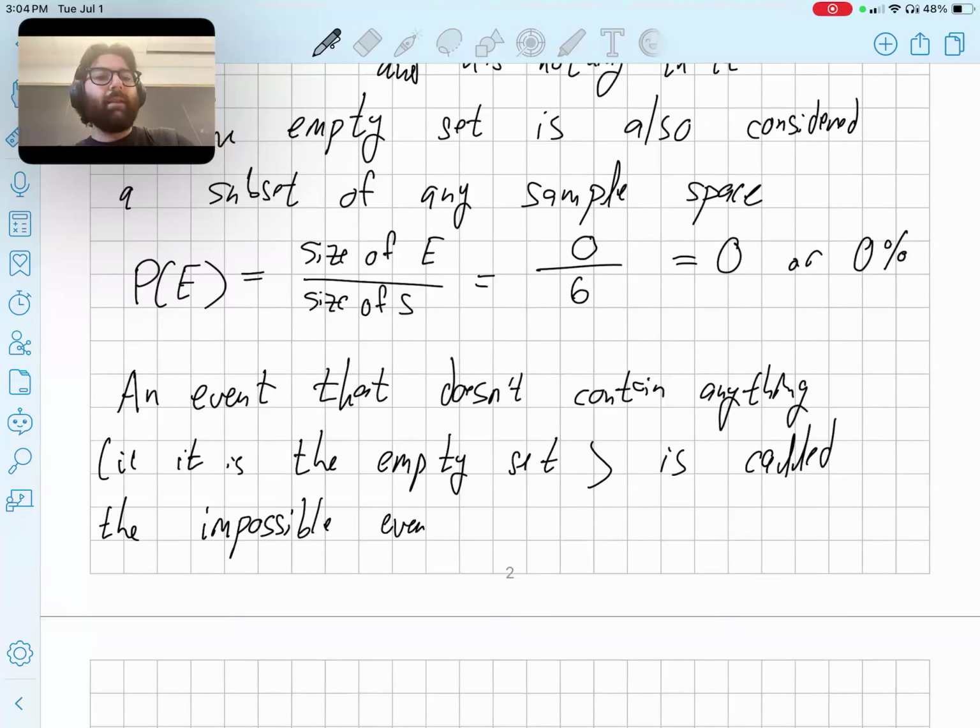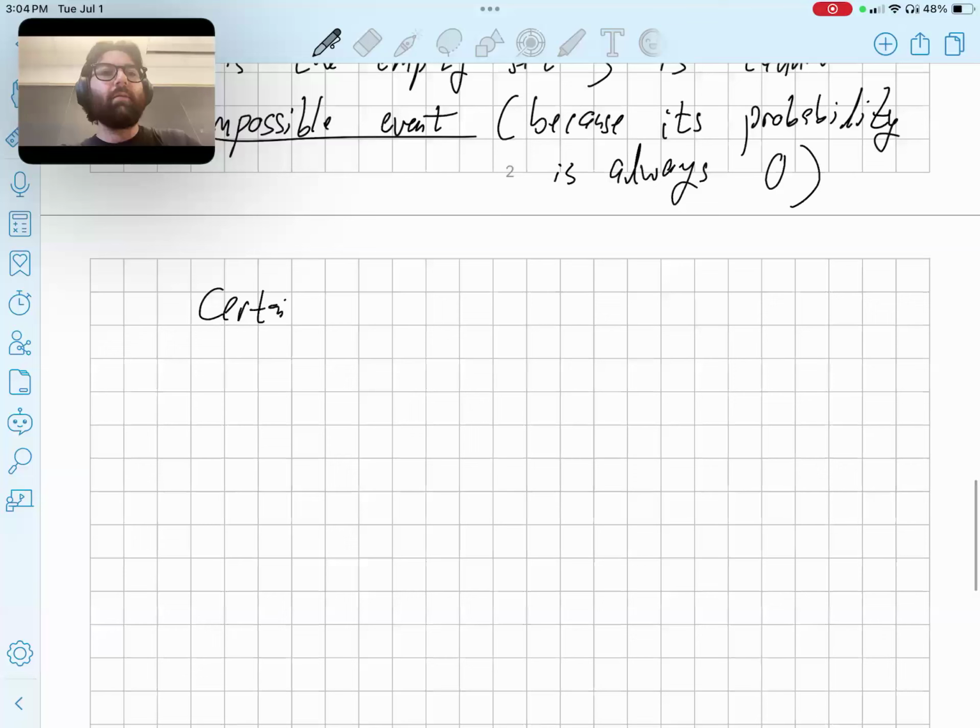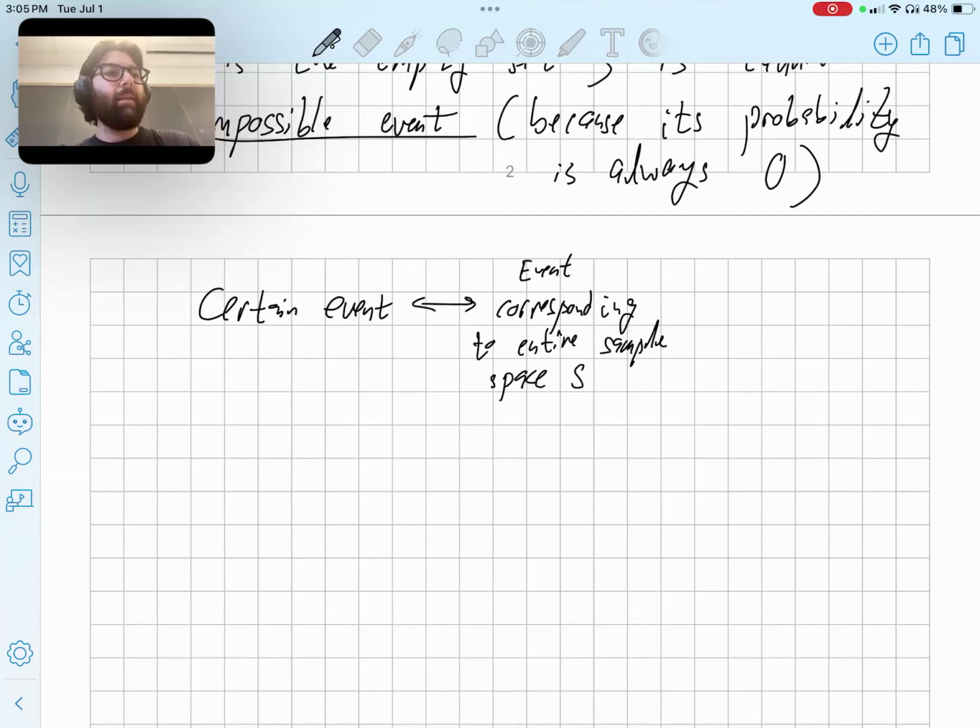So the certain event is the event corresponding to the entire sample space S, with a probability of 1 or 100%.